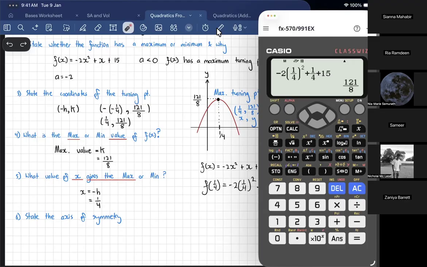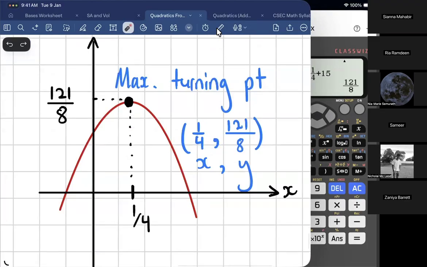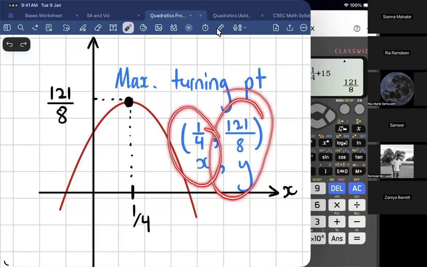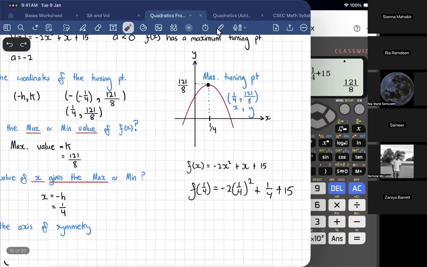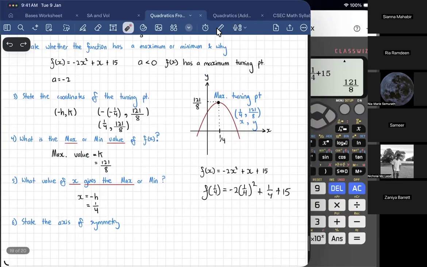But you don't need to do all of that because you already have a coordinate. So when x is 1/4, y is 121/8. When they ask you what value of x gives you the maximum or the minimum, they're simply asking you for the minus h value, which in this case is a quarter. Right. You sure you understand everything so far?